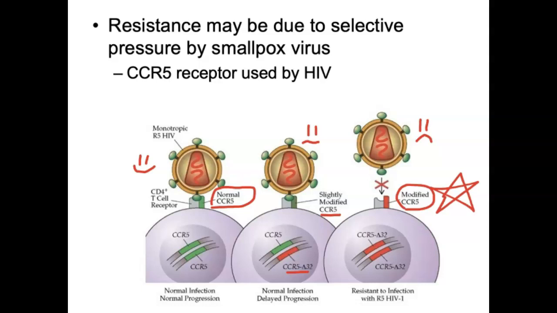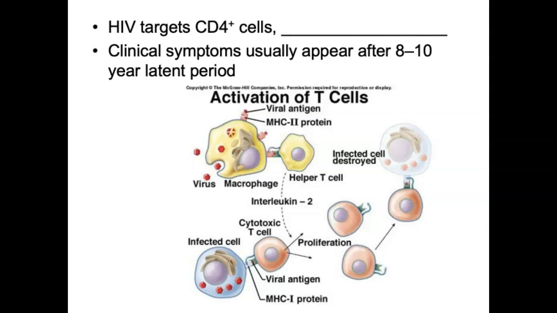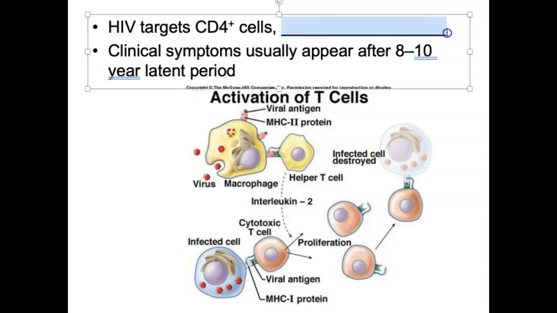So the way this all works when we talk about HIV is HIV targets these cells called CD4 cells, CD4 plus cells. These have a special group that are called helper T cells. These are basically immune cells.